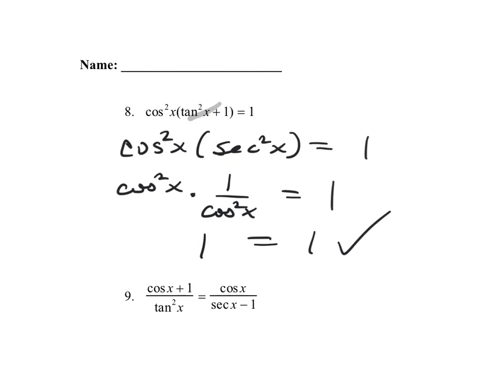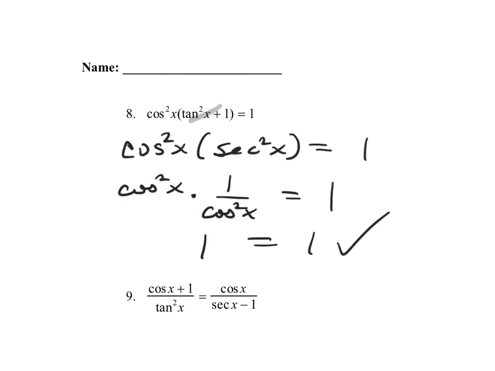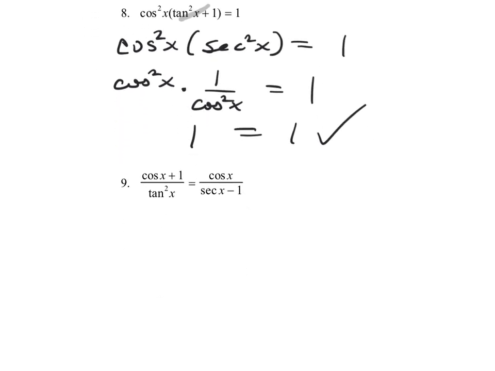And for the last one, I'm going to multiply the right side by its conjugate. So I'm going to multiply top and bottom by secant x plus 1, secant x plus 1. I'm going to distribute the cosine to both.